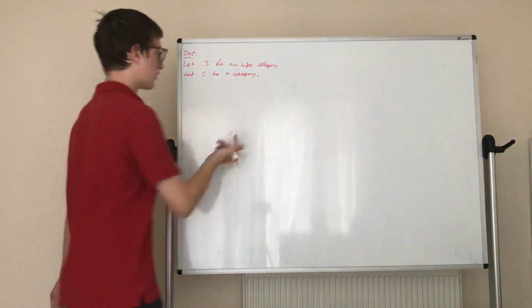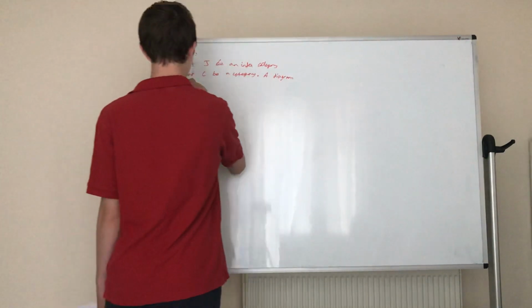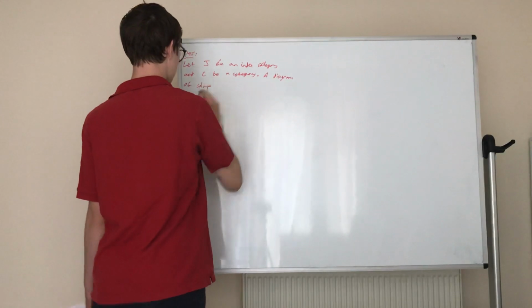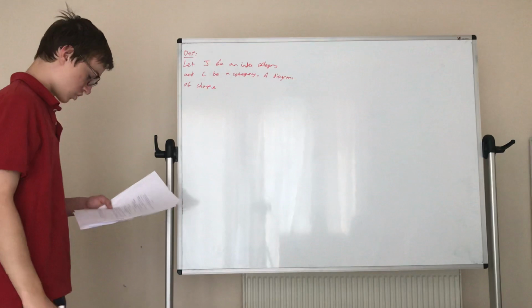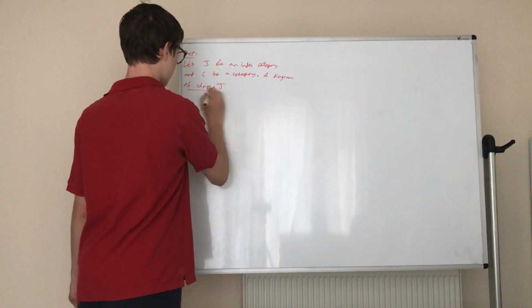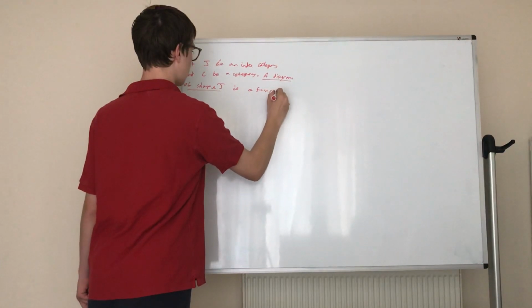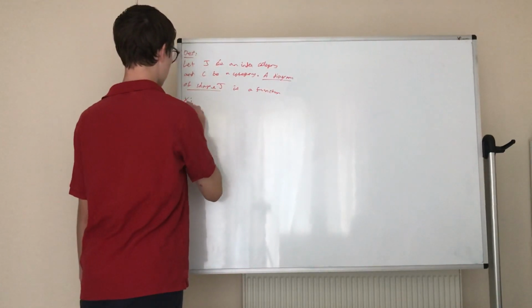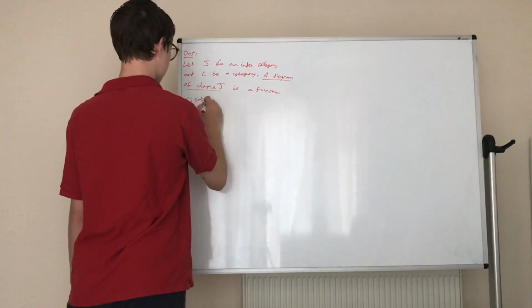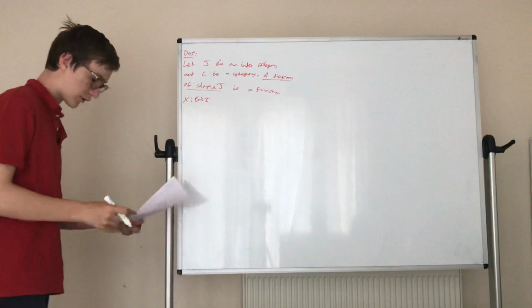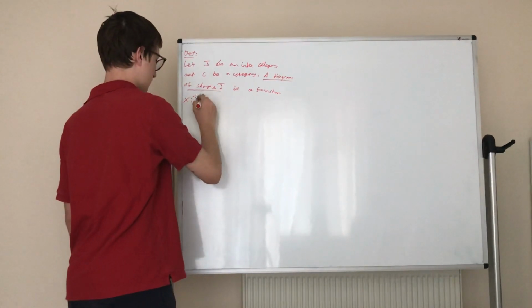Then a diagram of shape J is a functor X between J and C. Okay, so that's what a diagram of shape J is.